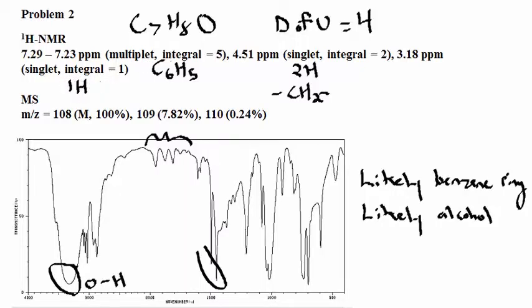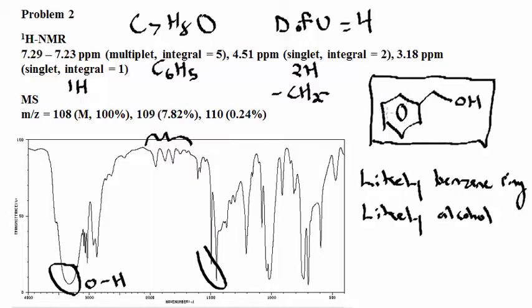This is very likely attributed to the hydrogen that's attached to the oxygen in our alcohol. What this generally means then, because we can't have the alcohol group directly bound to a benzene ring, is that we have this CH2 group separating them, meaning that this is the only possible structure that we can have here.